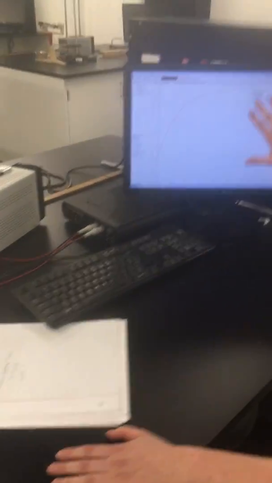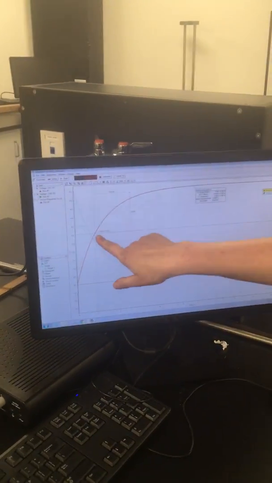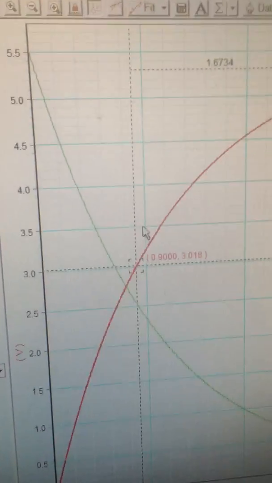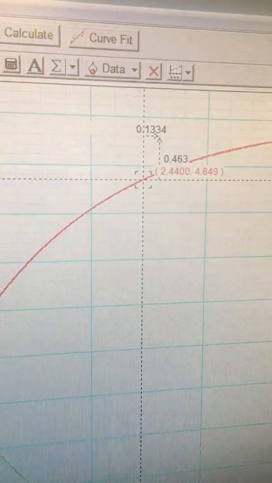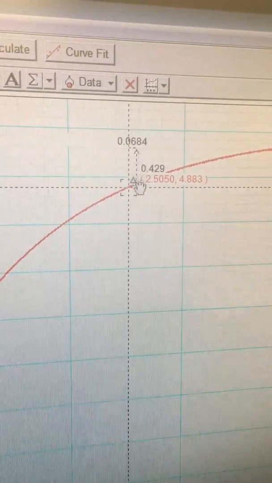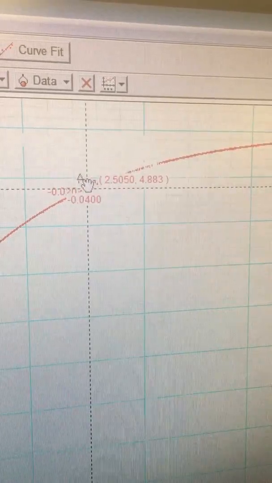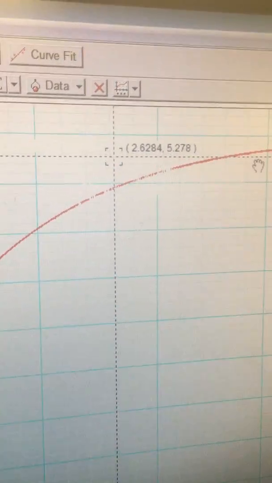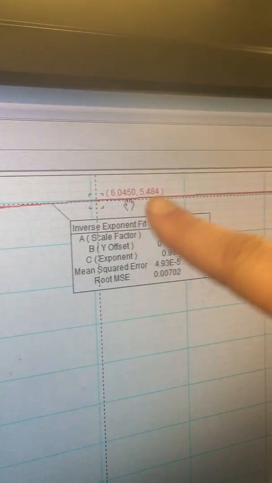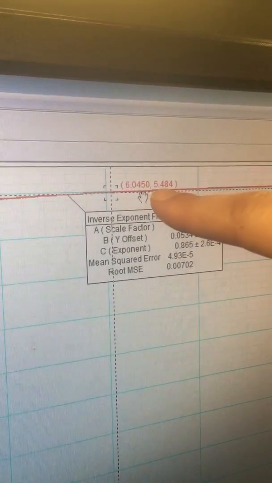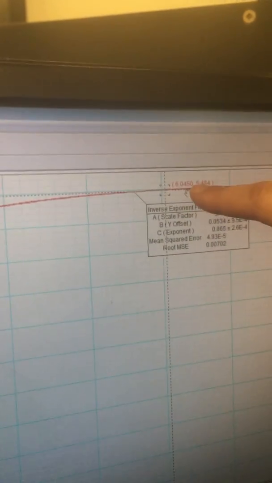Then what you are going to do is take this little cursor and find your max value, which should be this number. We're going to look at the y-axis, so 5.484. She moved it to where it flattens out.